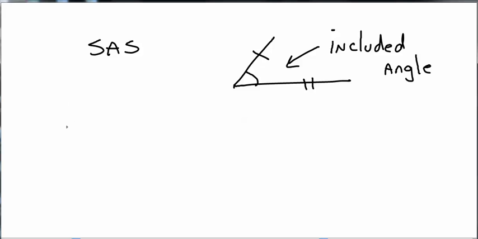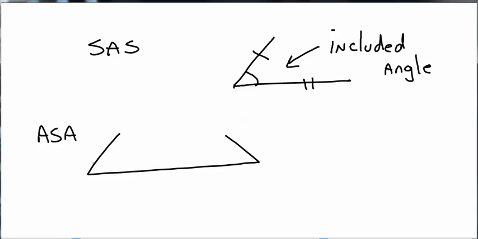Okay. Angle, side, angle. Angle, included side, and an angle. That is what an included side looks like. It's in between the two angles. So that's a picture of an included side.